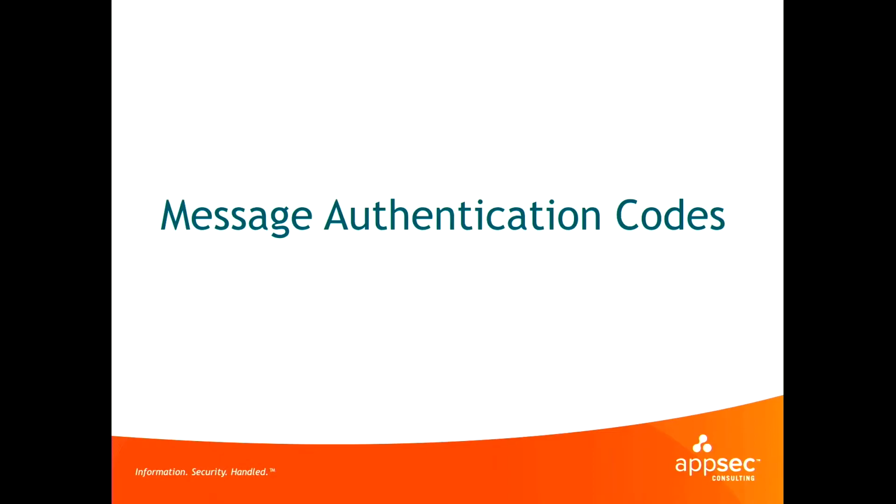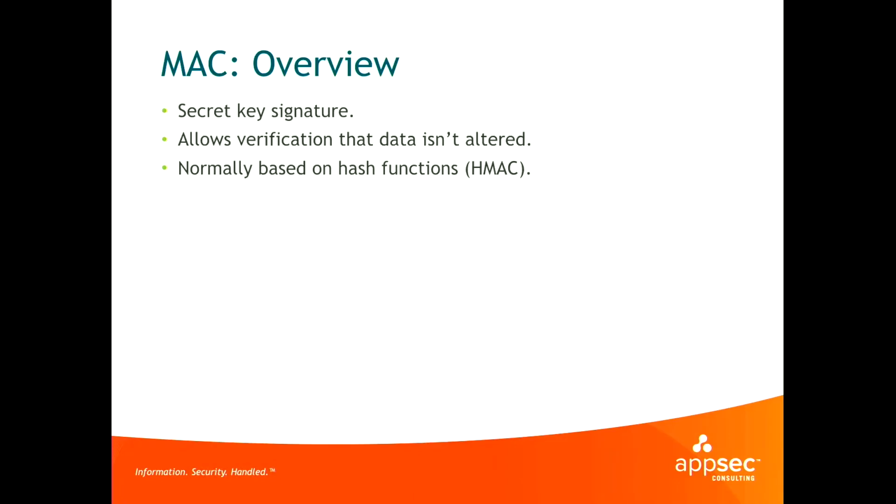So, moving on, message authentication codes, MACs. A MAC is essentially a secret key signature. If both parties know the secret key, they can compute the MAC and validate that it matches what they expect it to be.